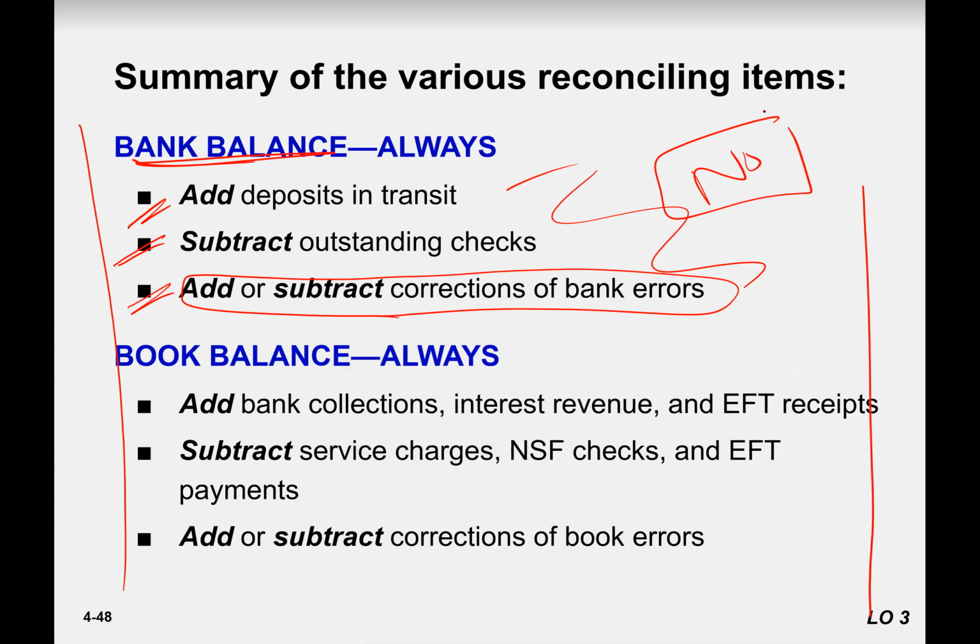But on the book side, we need to add all the collections, revenues, and EFTs. And we need to subtract all the service charges, NSF checks from customers, and the EFT payments, and then add or subtract the errors.